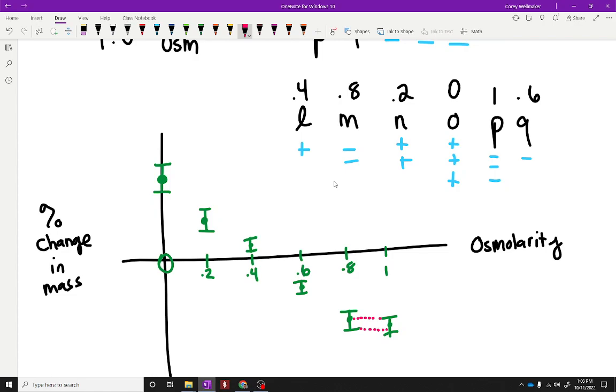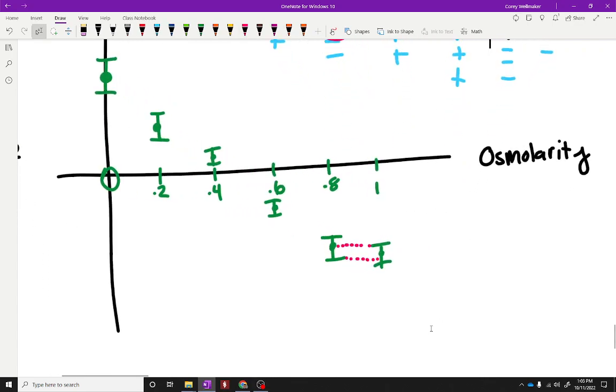So for example, if you wanted to argue that P had an osmolarity of 1, someone else could just as easily argue, no, M had an osmolarity of 1. And the reason is because since the confidence intervals overlap, we can't be sure which sample average is truly higher.